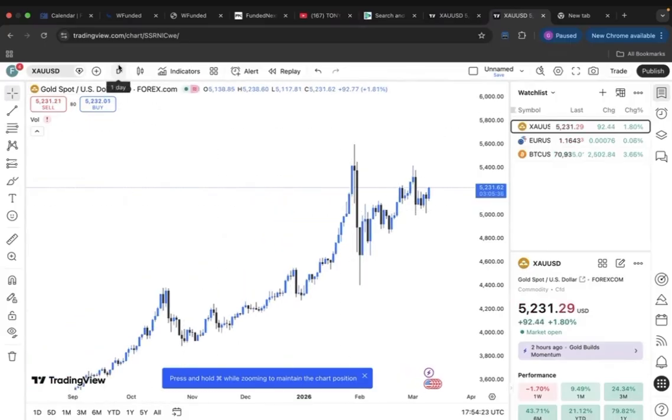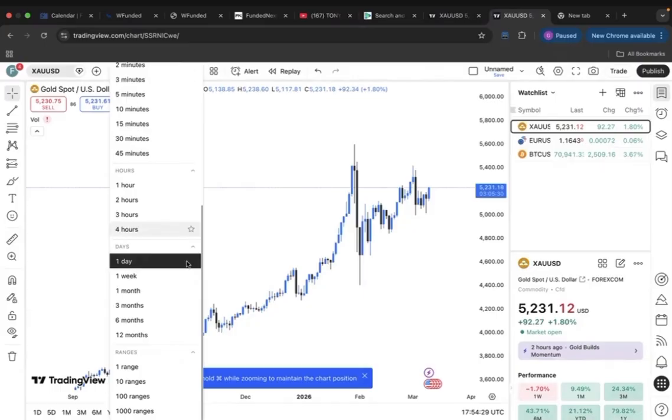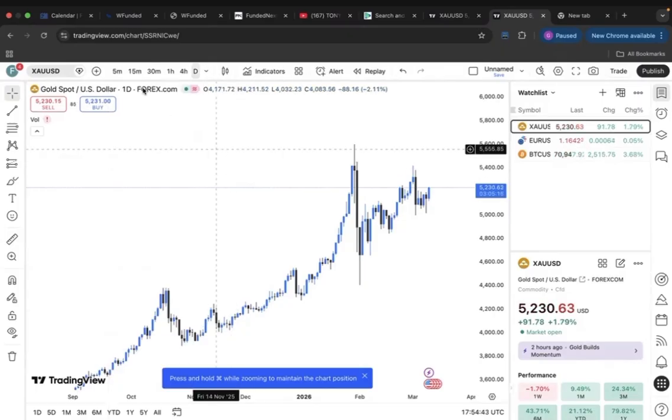So right now, we have the time frame. We have various types of time frames we can make use of. I'll be adding the time frames I make good use of: daily, 4 hours, 1 hour, 30 minutes, 15 minutes, and 5 minutes. These are the time frames I personally make good use of.